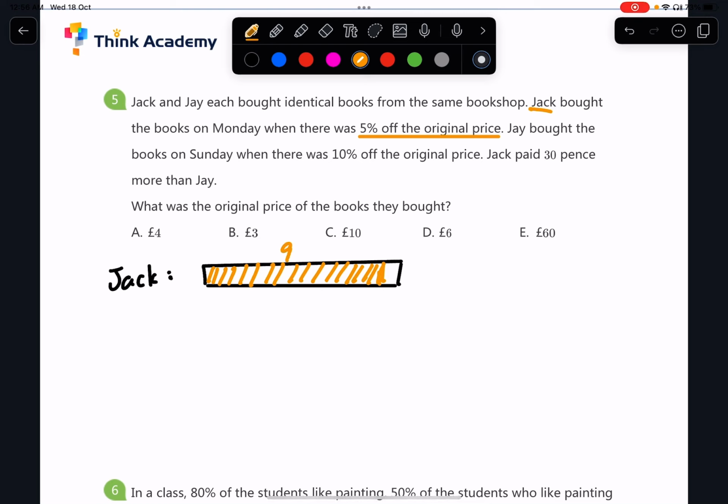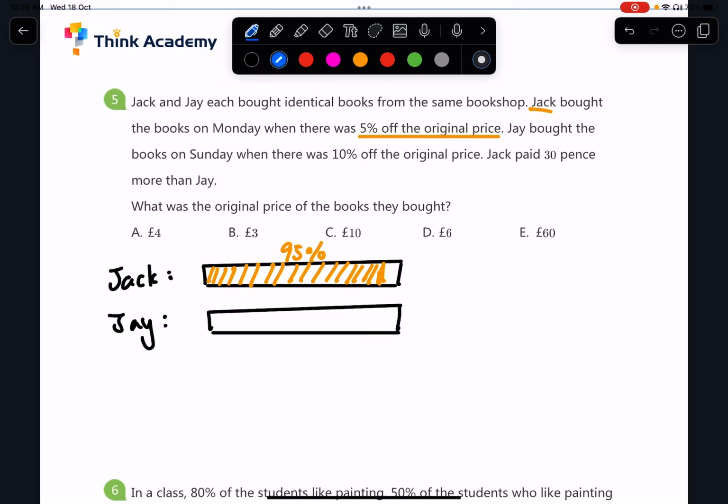So this one is 95%. Okay, how about Jay? Jay also has a discount, and Jay's discount is even better. She gets 10% off. So how many percent of the price does she have to pay? Only 90%, right? Because 10% is off.